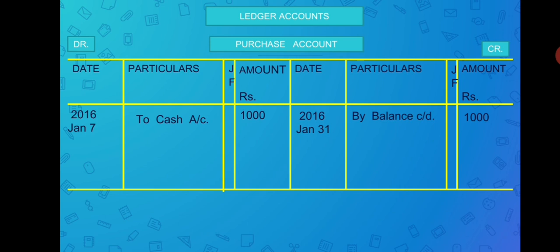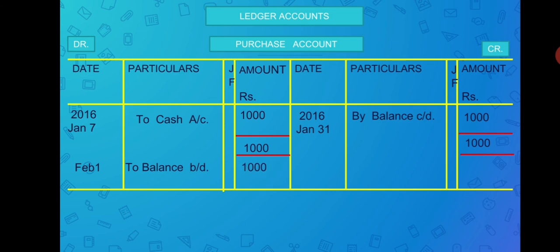So now draw lines, write the total and then close the accounts. The last step is that you have to bring down the balance. So the carry down balance is on the credit side, so the brought down balance will come on the opposite side, that is the debit side. So February 1st, to balance brought down 1,000 rupees.